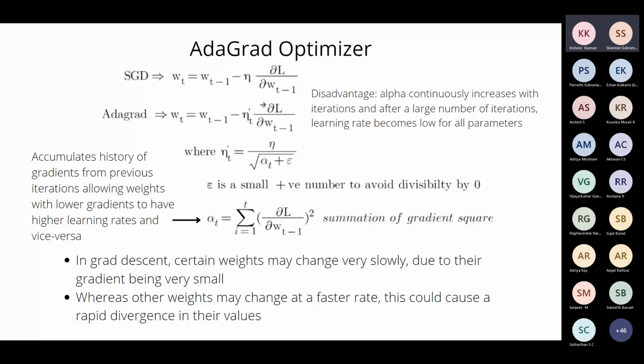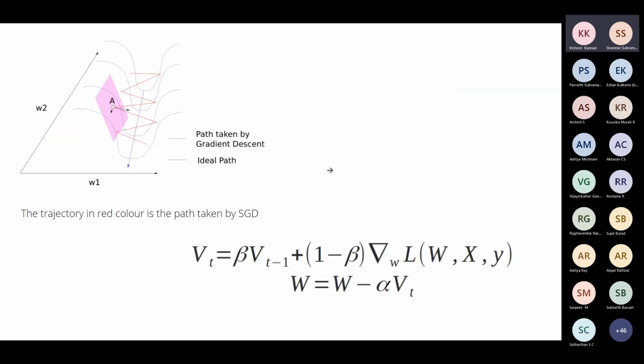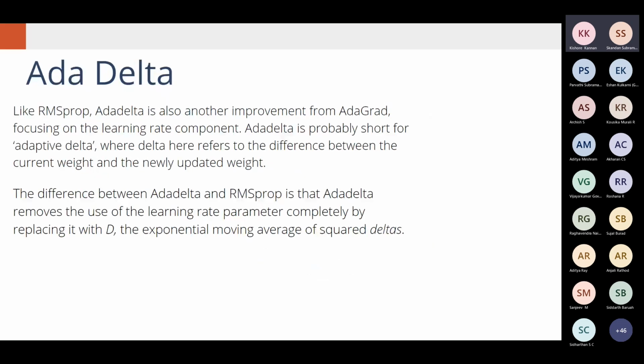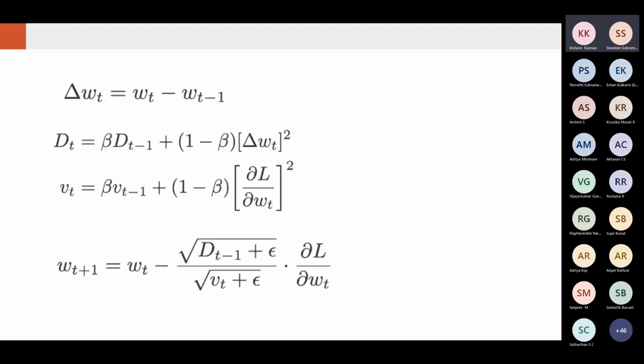These parameters are called hyperparameters, which have to be defined by the user training the network before starting the training. So we have to define them manually. But in the case of Adadelta, we don't have to do anything like that. The algorithm itself will take care of the parameter.